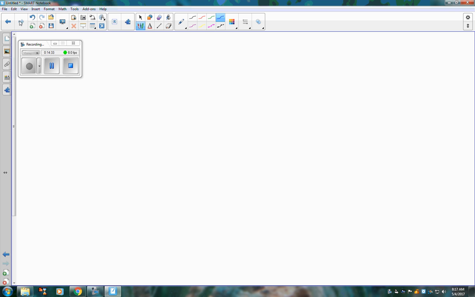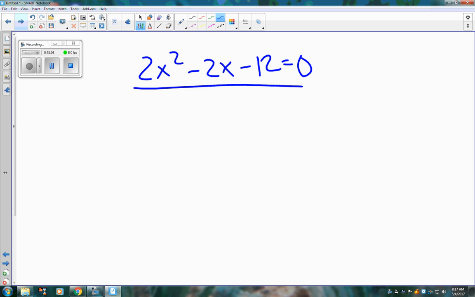Alright, so number 7 says, what are the solutions for 2x squared minus 2x minus 12? Solutions is another word for zeros. That one is already worked out for you. What's one thing I noticed? They're all multiples of 2. So I'm going to divide this whole thing by 2.